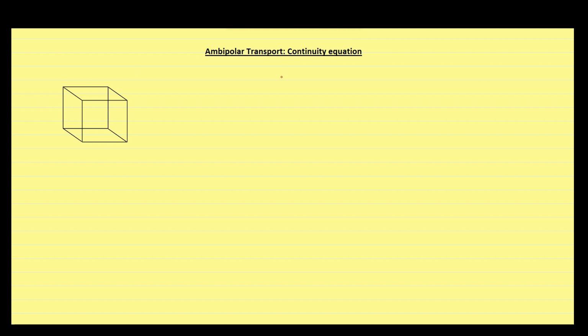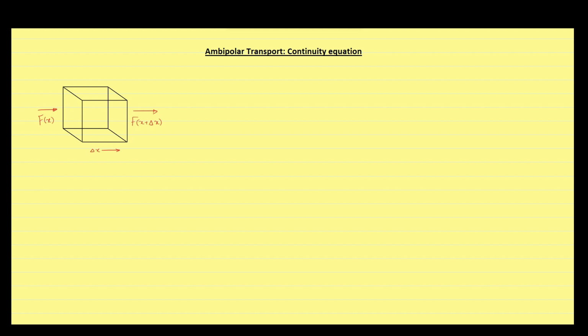Consider an elementary volumetric cube with hole particle flux density Fx at the left end and flux density Fx plus delta x at the right end. We are considering the motion of holes in only the x direction. The flux density Fx is the number of particles crossing per unit area per second.